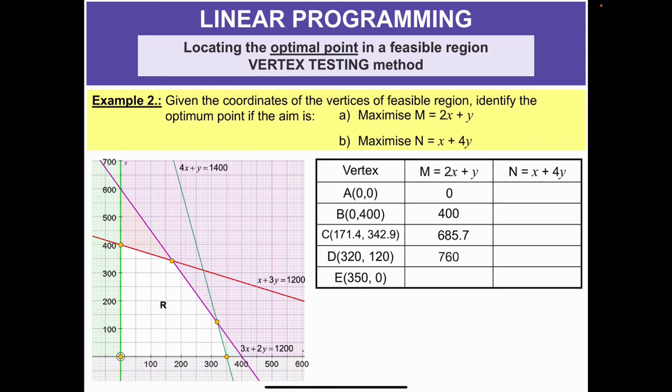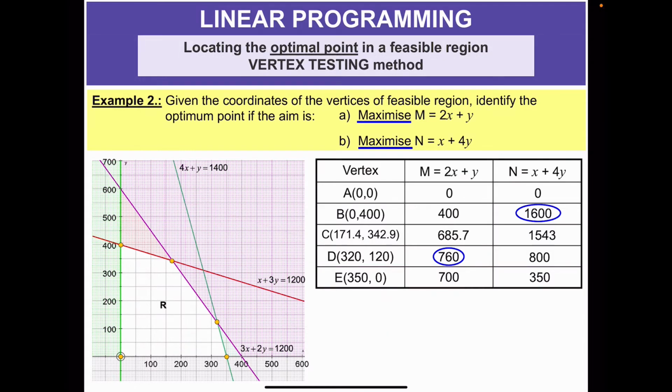So when you go through, and because you are maximizing m, then by inspection you can see easily that the D point is the point that will maximize the objective function m. And for n, again plug it into the objective function, and when you do so, you are maximizing again. That means the B point is the point that will maximize n.